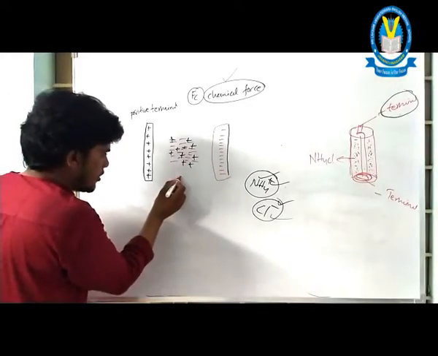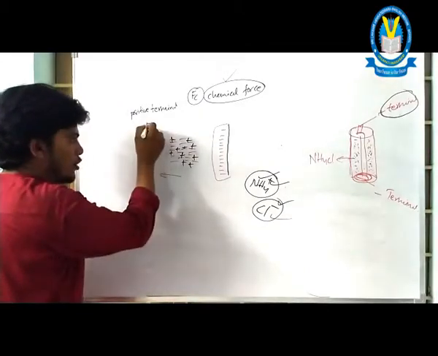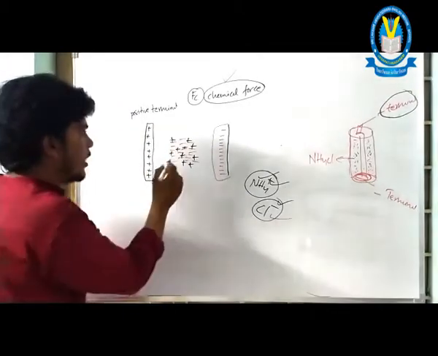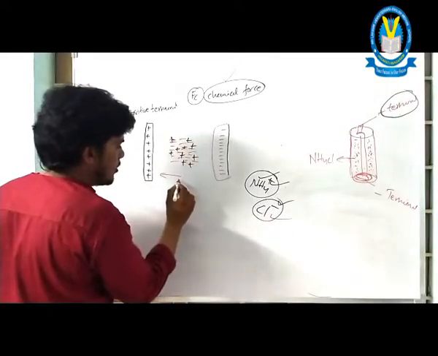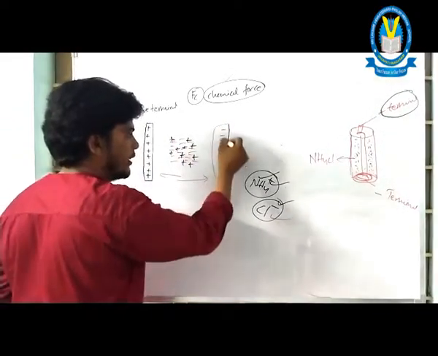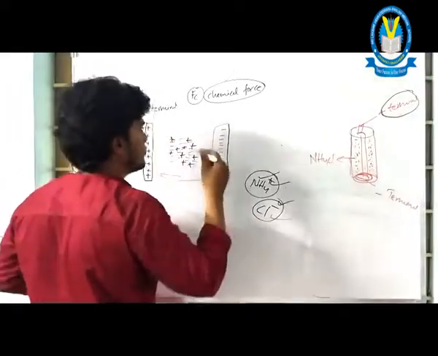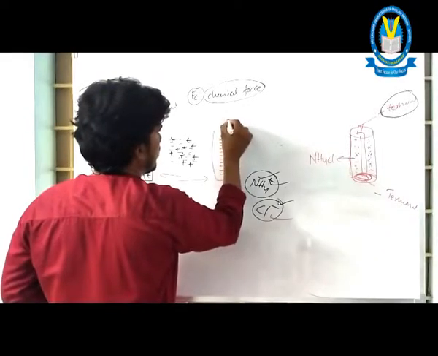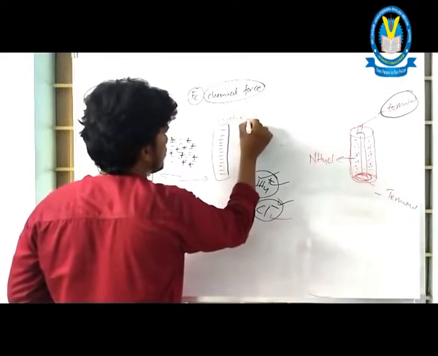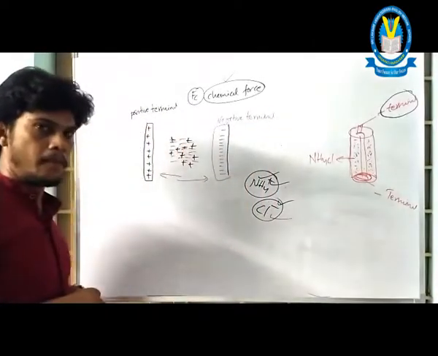So positive charges move in this direction to accumulate at this plate, and the negative charges move opposite to the positive charges and are accumulated here. Then this acts as the negative terminal.